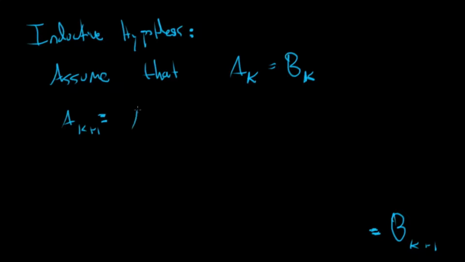So what's a sub k plus 1? Well, that's a sub k plus 1 over k plus 1 times k plus 2. I've just replaced k with k plus 1. And this is where we use the inductive hypothesis. a sub k is equal to b sub k by assumption.